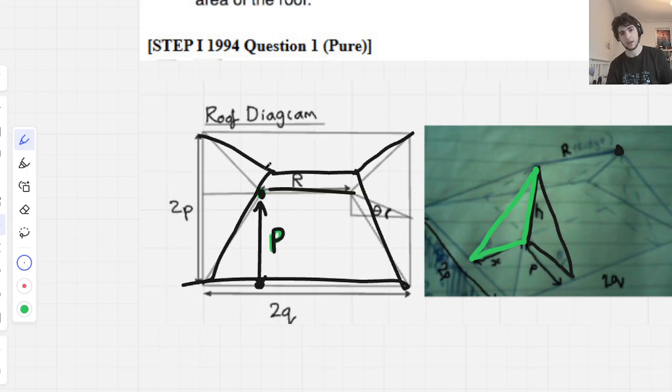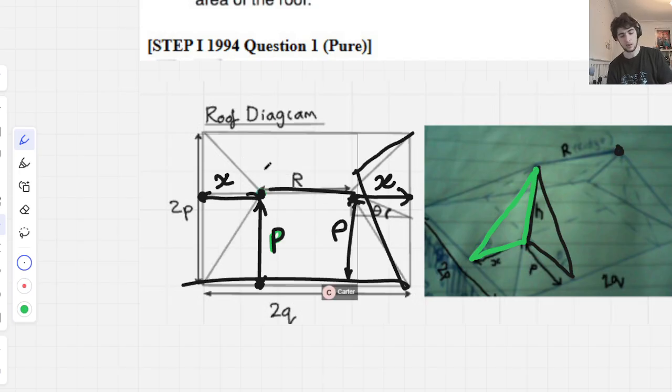And the width from the left side here to that point R has to be the same as the width from the right end of the rectangular base to the point where you're directly under R. So these two lengths need to be the same, and this length P, from the ground to the point directly below R, needs to be half of the breadth, which we know is 2P, so that has to be P. So we have this symmetry to the problem, which makes it pretty nice to solve.